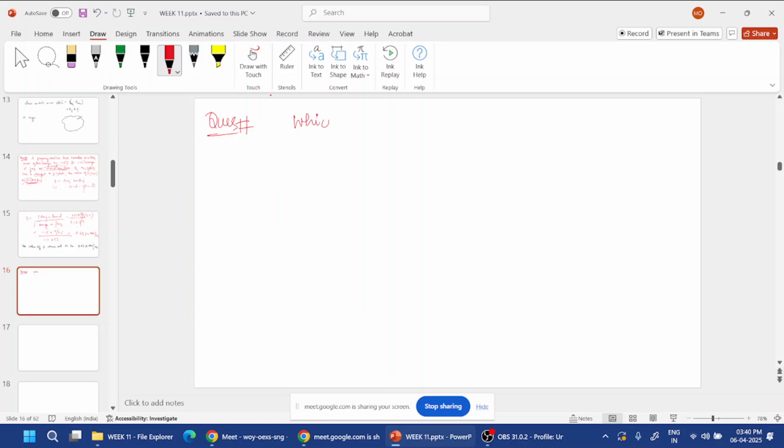Which term models the frequency sensitivity of load?